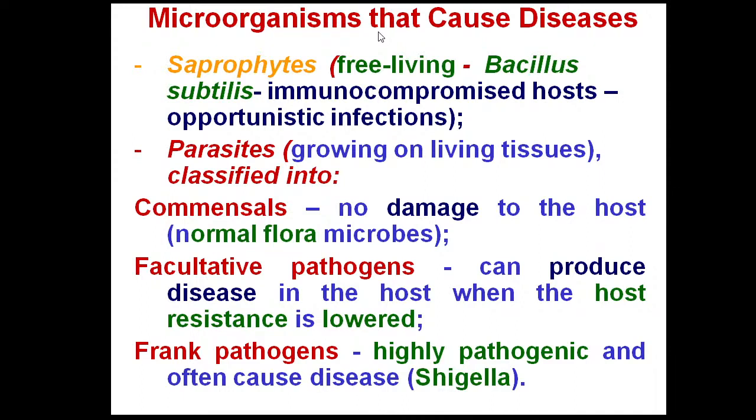We can have a lot of microbes that can be considered commensals because they usually don't cause damage to the host. For us, these are normal flora microorganisms, those that live in our body without causing any harm.